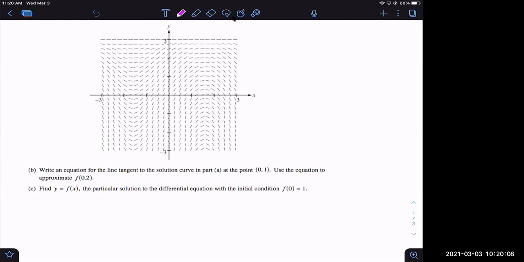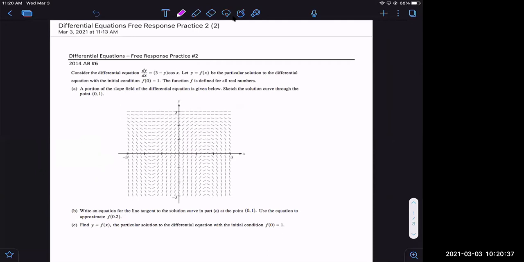Half credit to do... Yes, because you have negative 1.